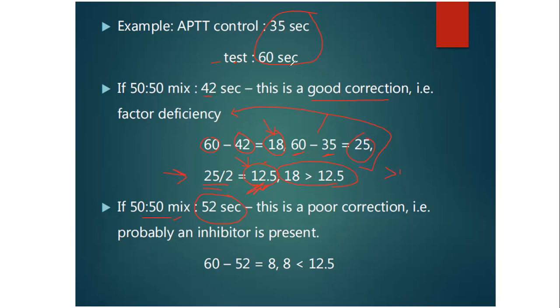So 60 minus 52 is 8. Then we check if the 8 is within the threshold or not. It is less than 12.5. If it is less than 12.5, that means there is a poor correction. That means the patient probably has an inhibitor that inhibits the clotting factors of the intrinsic pathway.